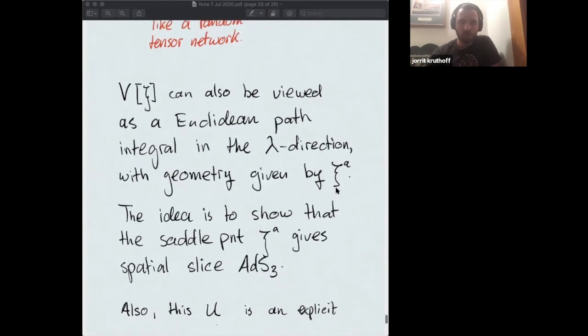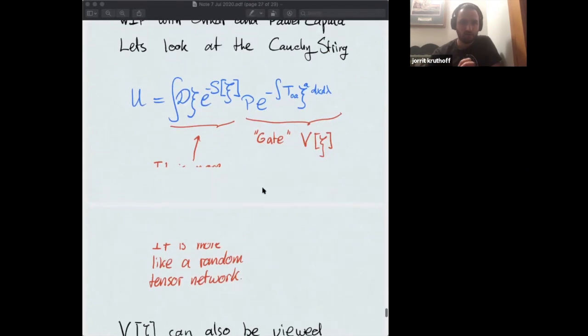Furthermore, the one final comment that I want to make, and then I'm done, is that this operator U gives you, in the holographic setting, a relation between a state at infinity in the CFT and a state at some finite radius in the bulk. That's basically what this U operator is doing. It takes you from a state in the CFT to a state at some finite cutoff in the AdS3 bulk.